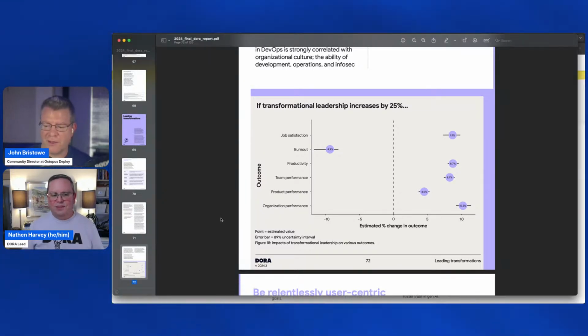There's some interesting data in here. So, I think this is awesome for folks who are obviously leading the charge on a lot of these improvements. So if transformational leadership increases by just a quarter or 25%, you can see the estimated change in burnout, for example, a 9.9% or 10% decrease in burnout. Burnout to me is huge. Like as a developer, I've experienced it myself.